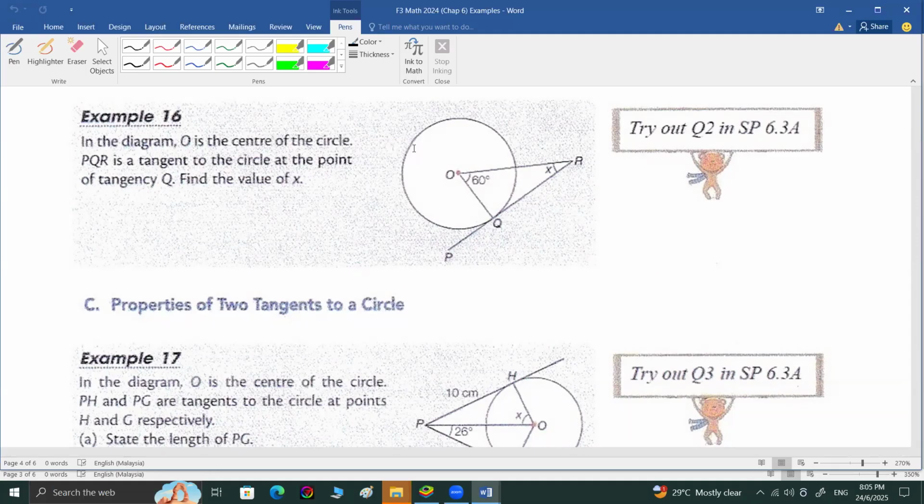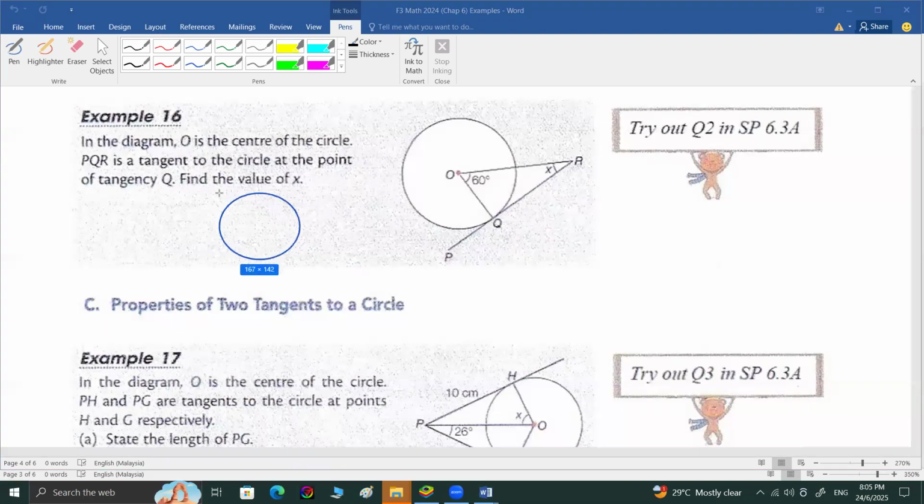Okay, class? Still remember the line here, tangent? So let's do some revision of what I've taught. If you see a circle with a tangent, and I draw a line here, a radius, it will form 90 degrees here.